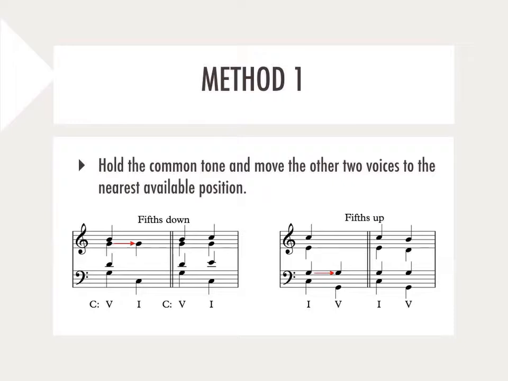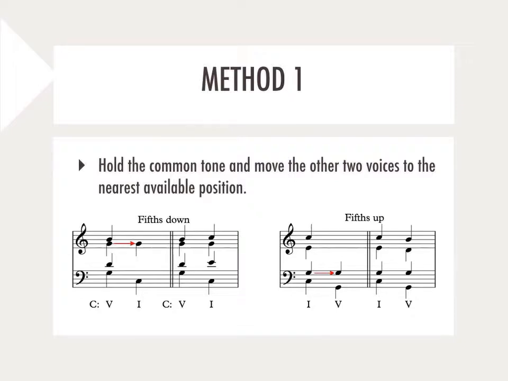In method 1, hold the common tone and move the other 2 voices to the nearest available position. Remember, the nearest available position is no more than a third away. First, look at the example whose roots are a descending fifth.